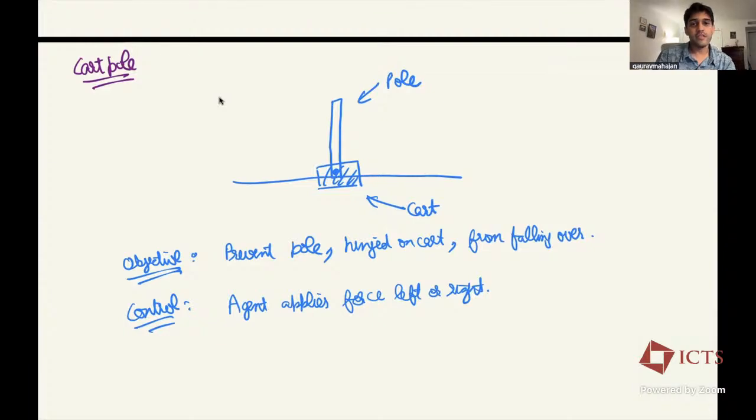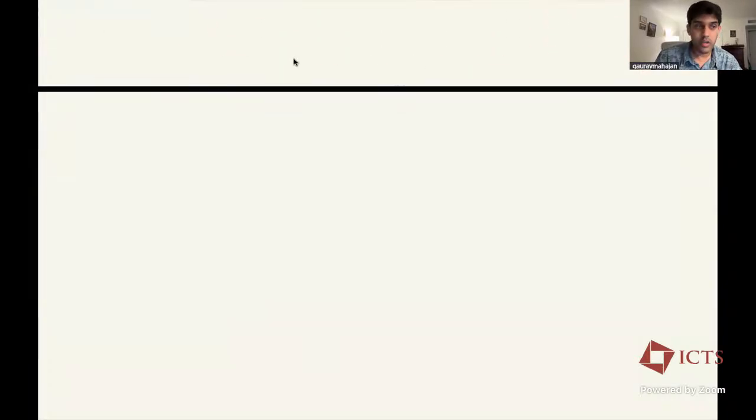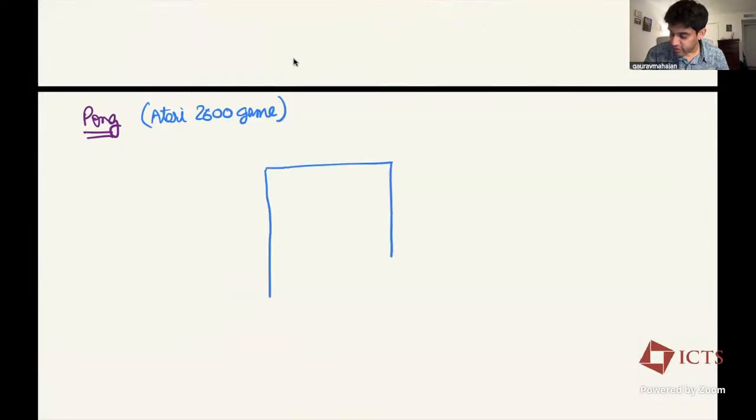Okay, so what is the game Pong? It is working. Okay, so this is an Atari 2600 game, and the game is pretty simple. You have a screen, and you have two paddles.